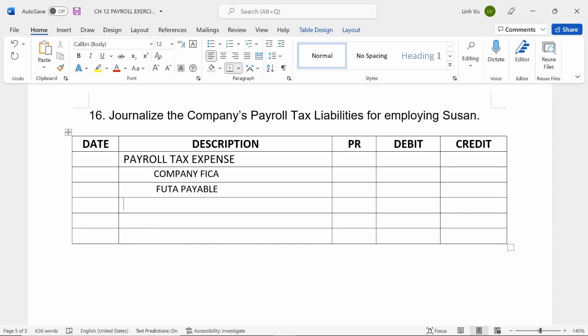What else do you have to pay? State unemployment. And workers' compensation.